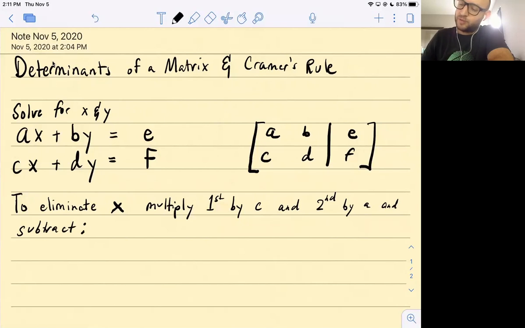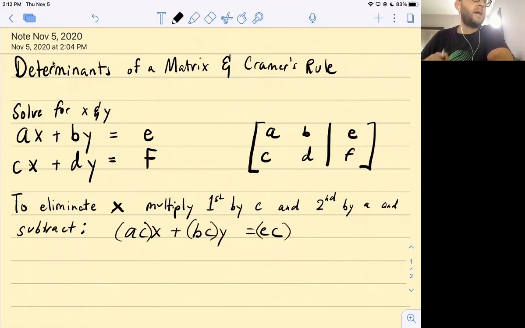If we multiply the first one, we get ACX plus BCY equals EC. I'm putting the C next to the A and B, not on the side of the X, because I want to think of X as my variable, the thing I'm actually solving for, and the other things are the coefficients.